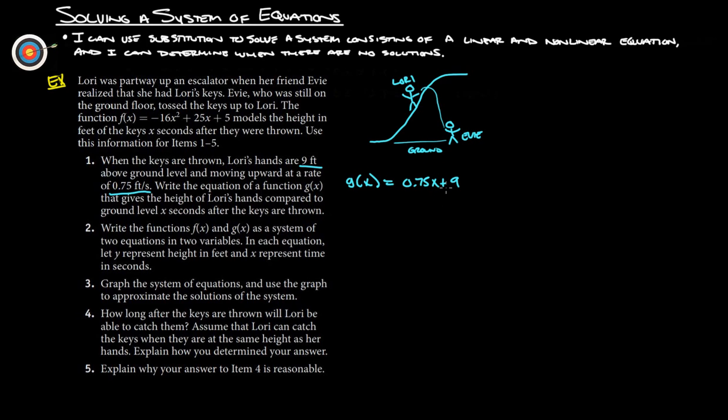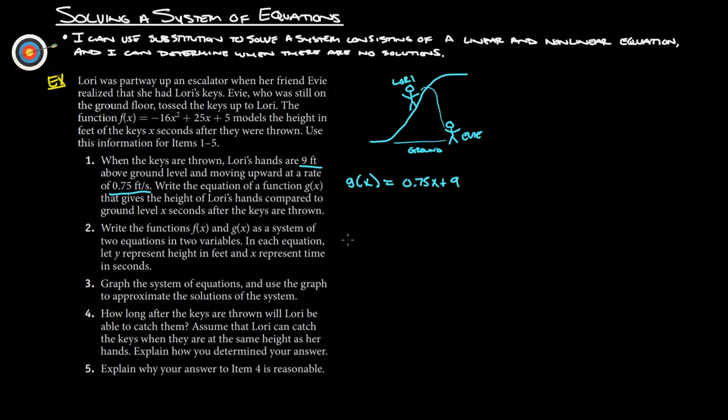So, for example, right when she throws the keys, we would put 0 in for x, so that would be 9 feet above ground. At 1 second after she throws the keys, she'd be 9 plus 0.75 times 1, so her hands would be 9.75 feet above ground level. Okay, just to kind of give you an idea with that.